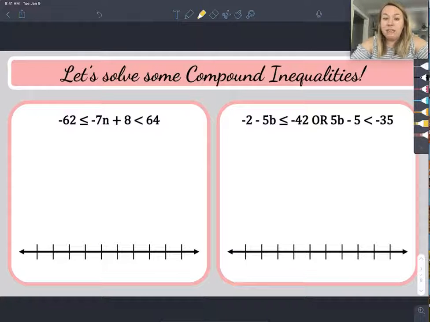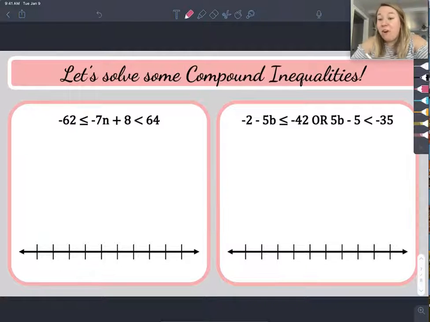Now, if we're looking at the first one, I have -62 is less than or equal to -7n plus 8, which is less than 64. So in this case, because there's no or, and we have two inequalities and something sandwiched in the middle, this tells me this is an and. Okay, so when I go to solve these, I actually have to write out my two inequalities.